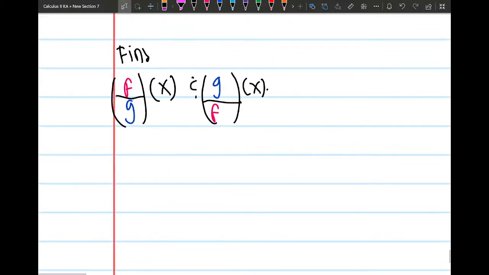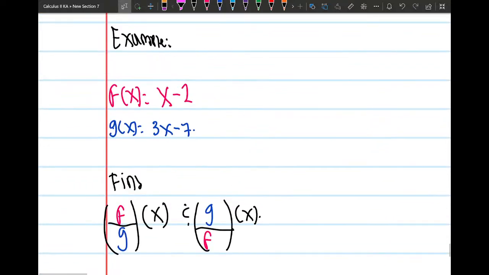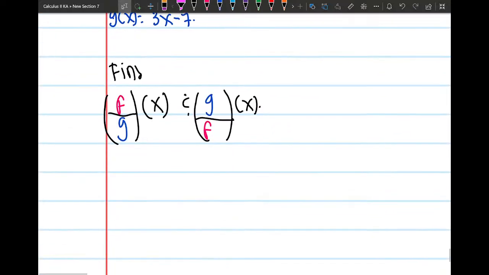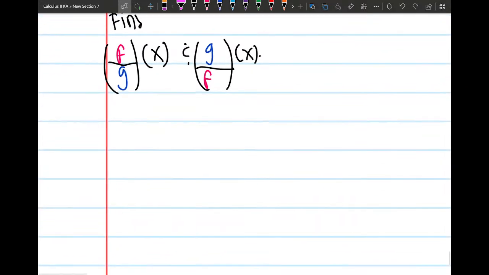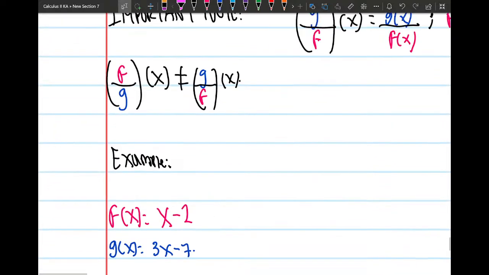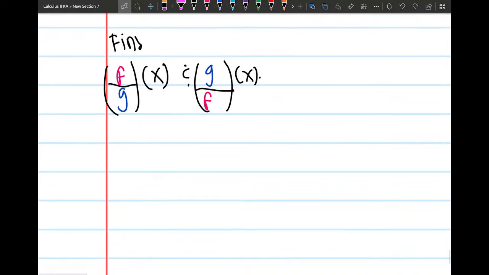The one thing I want to show you guys is that these are not equal to each other. So I'm going to go ahead and show y'all what I mean.